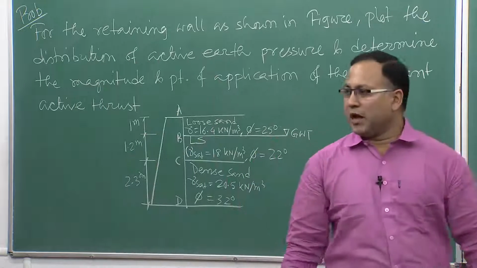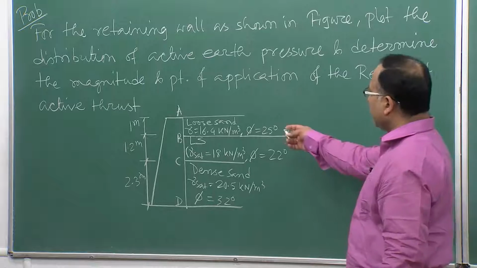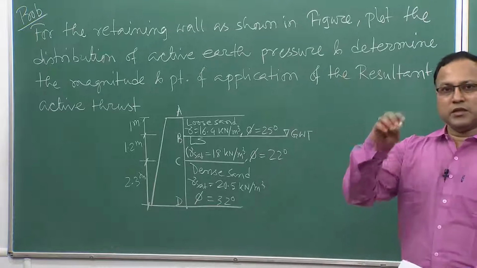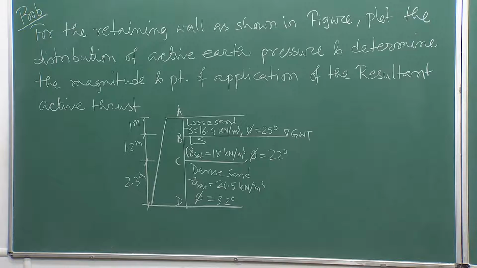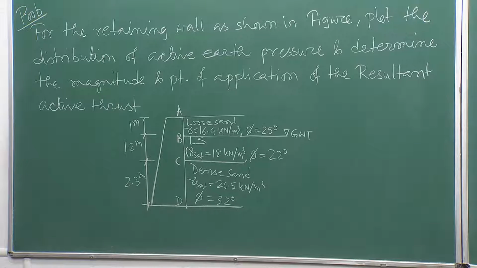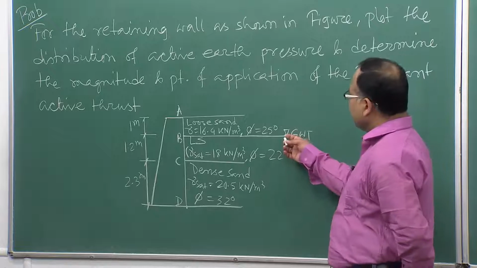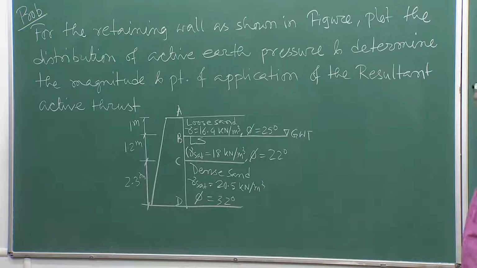Okay. So, you have the retaining wall like this, and you have 3 layers of backfill. The top layer is loose sand, which has a depth of 1 meter, with unit weight 16.4 kilonewton per meter cube and phi equal to 25 degree. And here is the groundwater table, that means the groundwater table is 1 meter below the ground level.